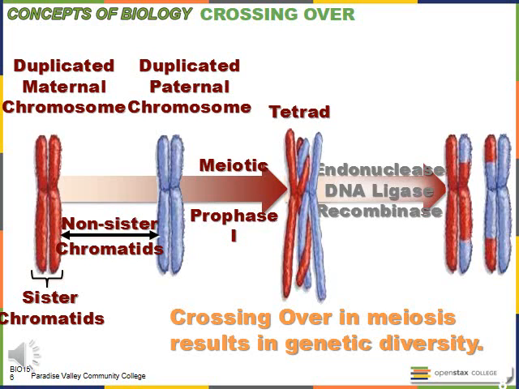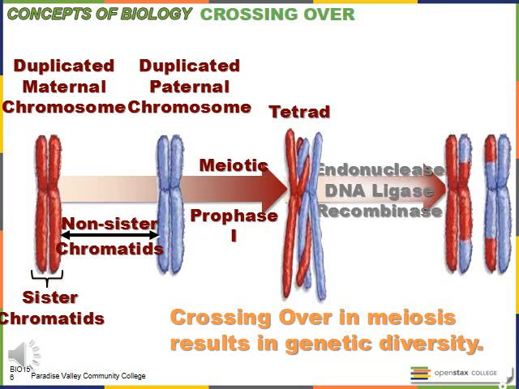From here, it goes through several different processes to actually make that crossover happen and stay where we've crossed things over. And that's what the endonuclease, the DNA ligase, and the recombinase come in and what it means there. You don't have to know those three words either.